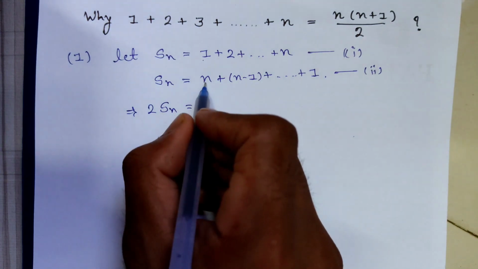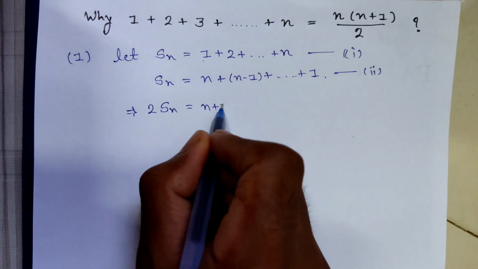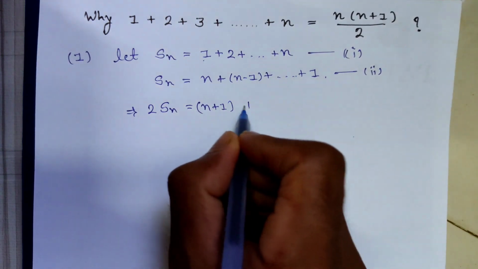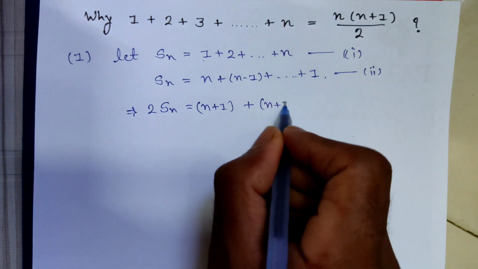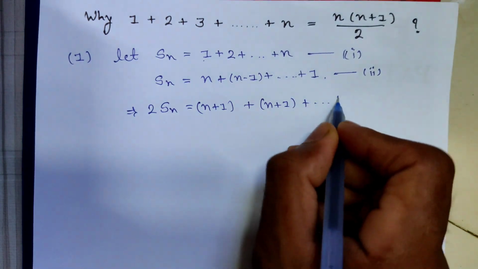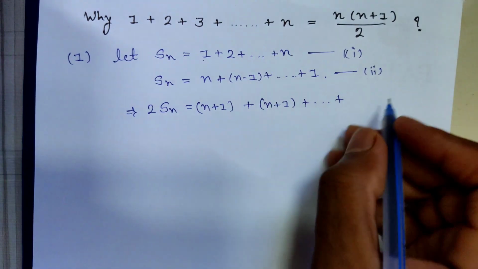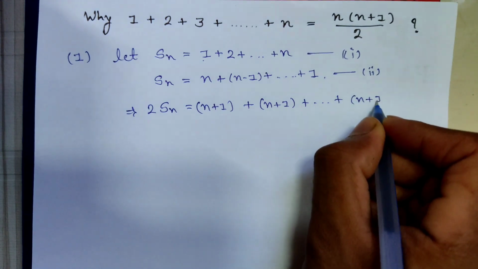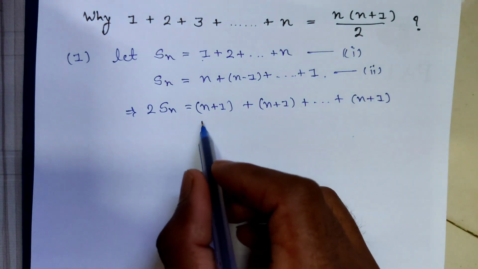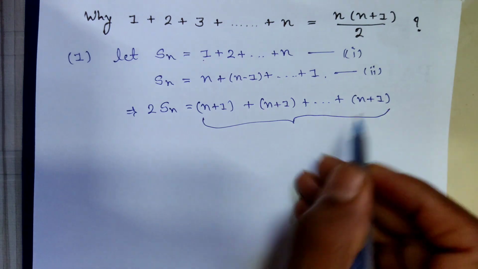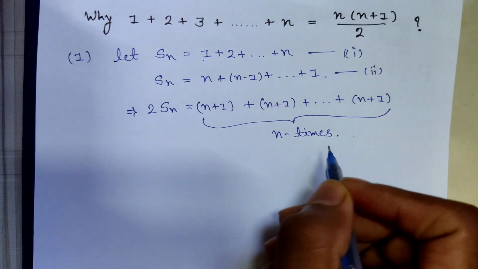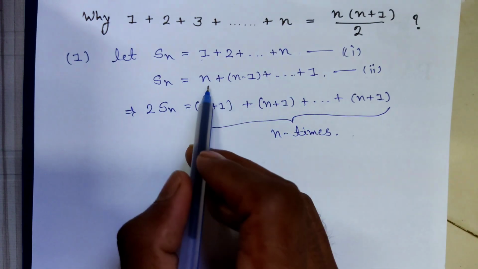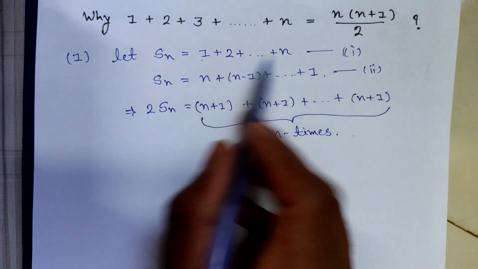And 1 plus n will be n plus 1, plus 2 plus n minus 1 will be n plus 1, up to n plus 1 will be n plus 1, and this will be for n times, because this is 1 to n, this is also 1 to n, so n times.